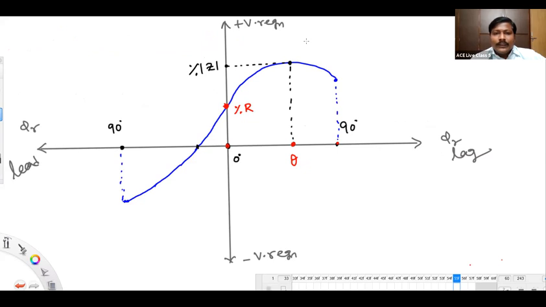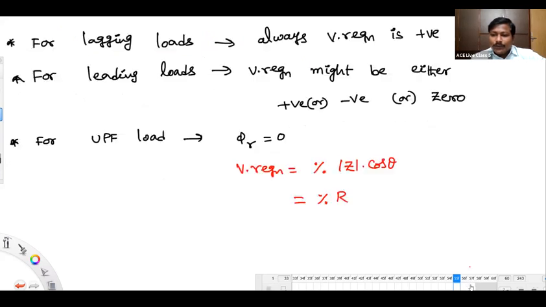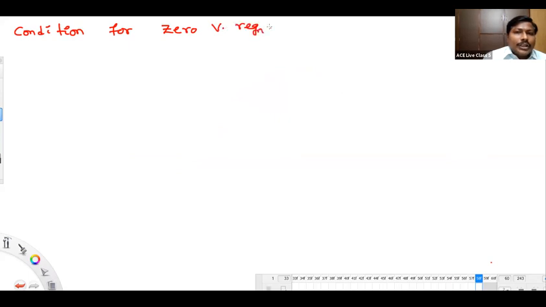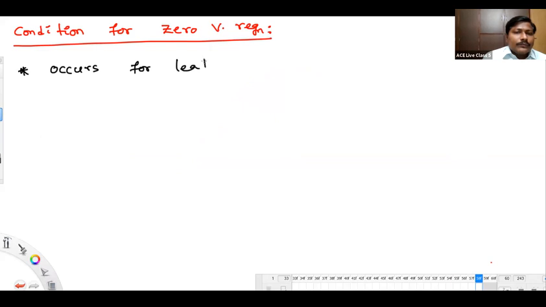Okay. Next, what is the condition for zero voltage regulation? First, it will happen for leading load. Condition for zero voltage regulation occurs for leading loads.